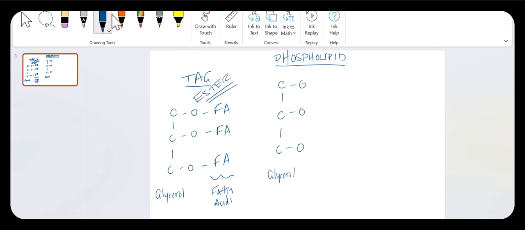And on 2 of the carbons, we still have fatty acids, still have big long carbon chains. But to be a phospholipid, we need a phosphate. And we'll have some kind of nitrogen group.